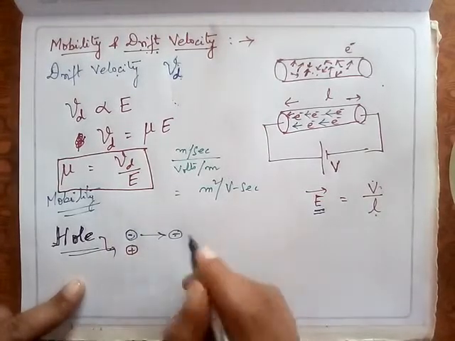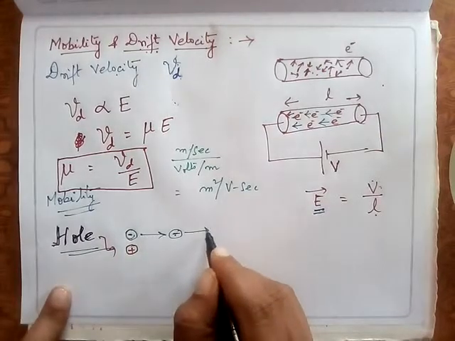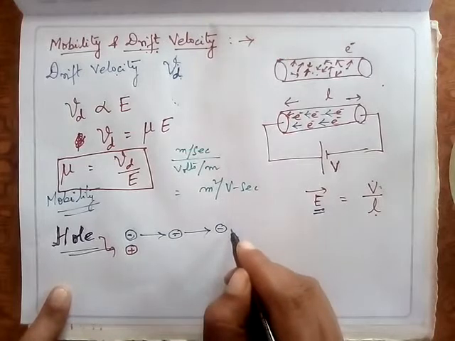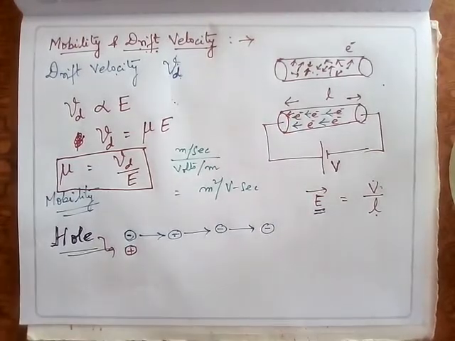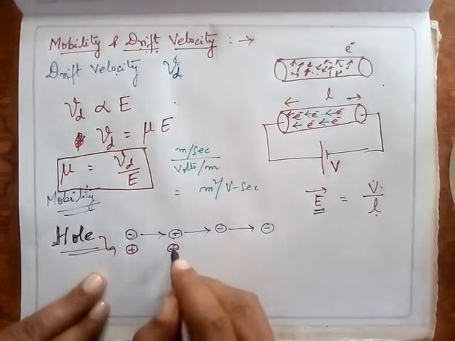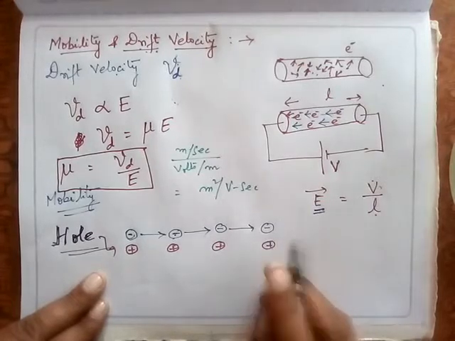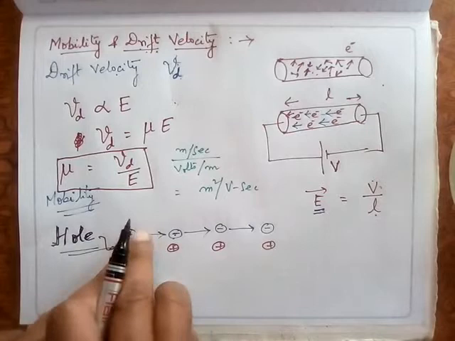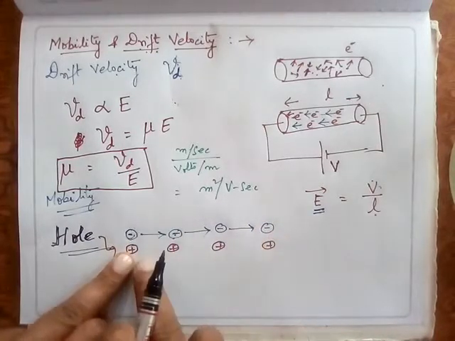Similarly, when this electron moves from this side to this side, and further moves here, you will have a hole created here. So a hole is nothing but the positive charge left behind after the removal of an electron.